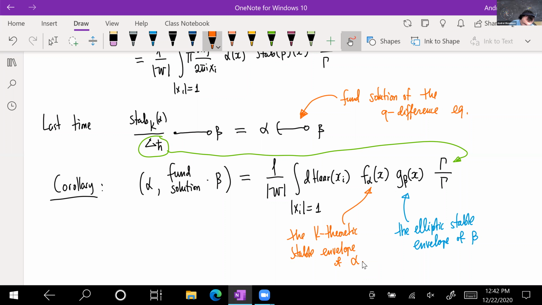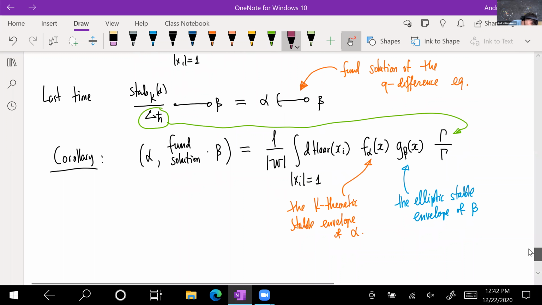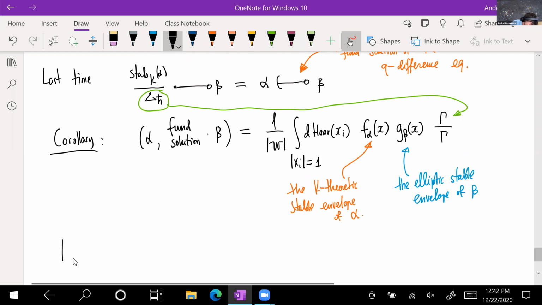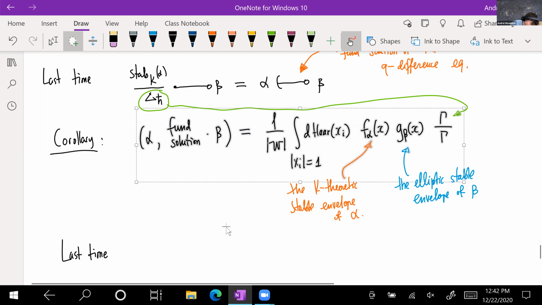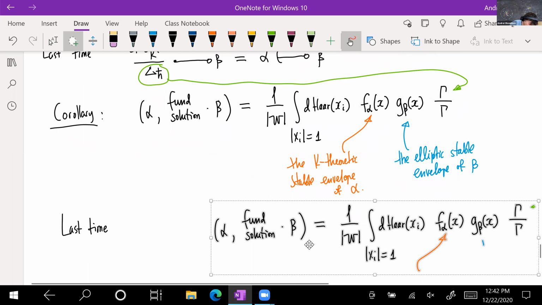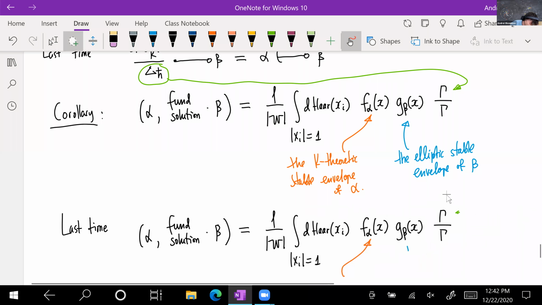And what's the difference with last time? The main difference with last time is that last time we had an almost identical formula, except this object was not there.